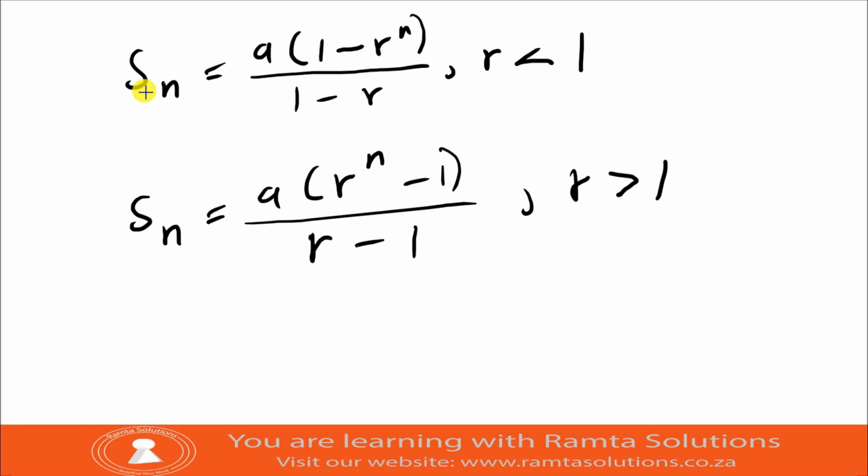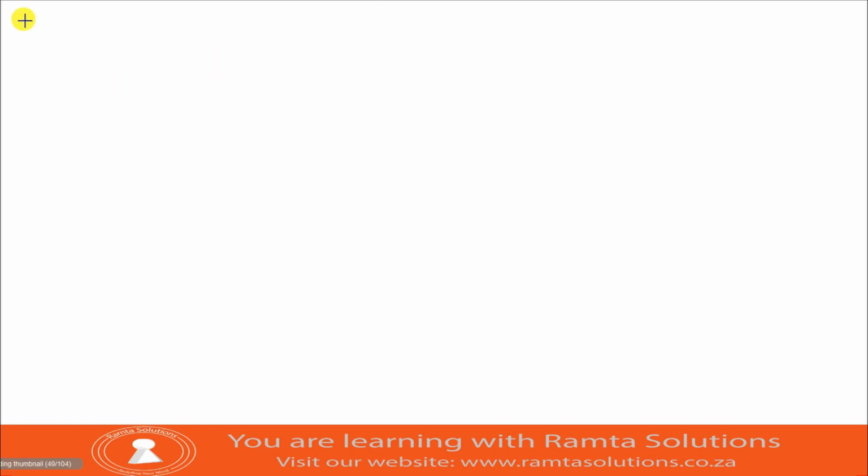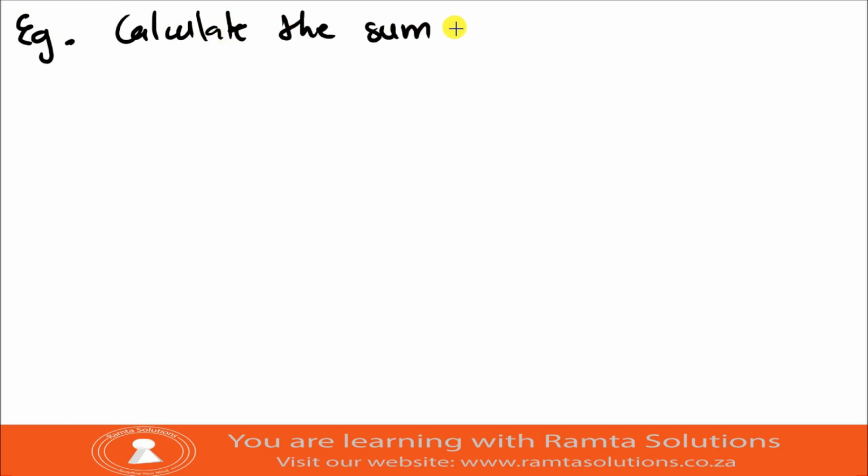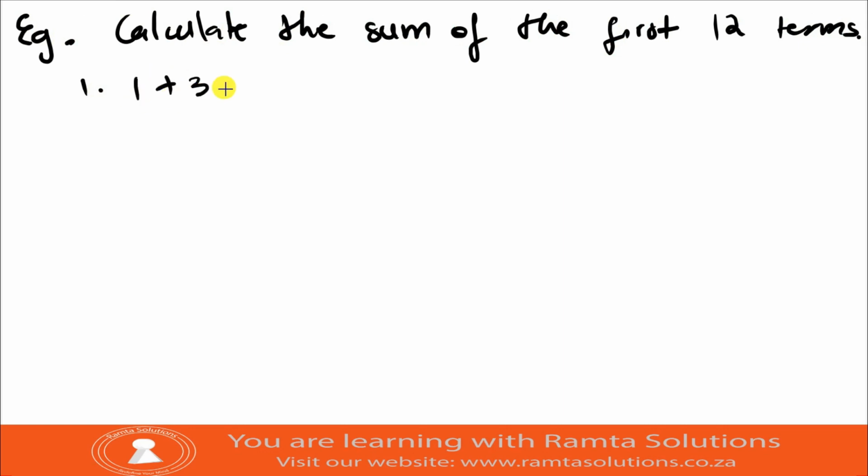Okay, now we're going to have an example. For our example, we will say calculate the sum of the first 12 terms. For number 1, we have 1 plus 3 plus 9 plus 27, and so on.